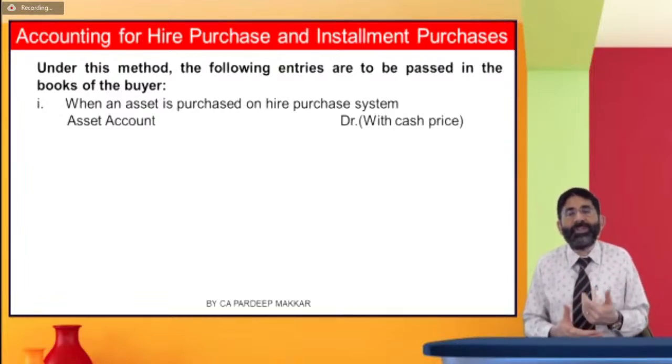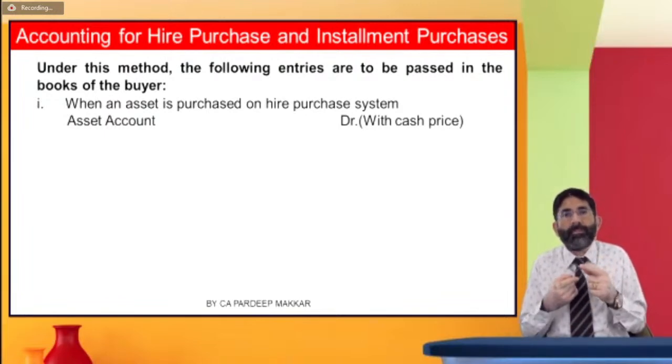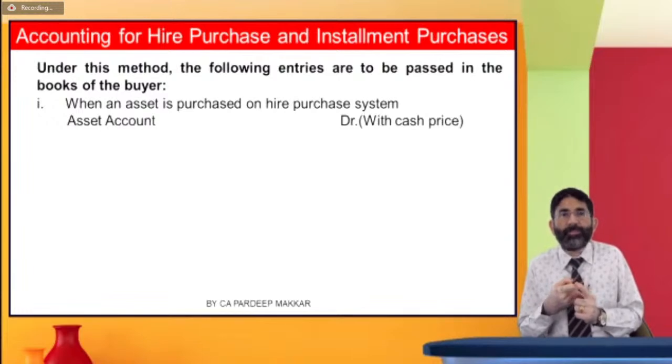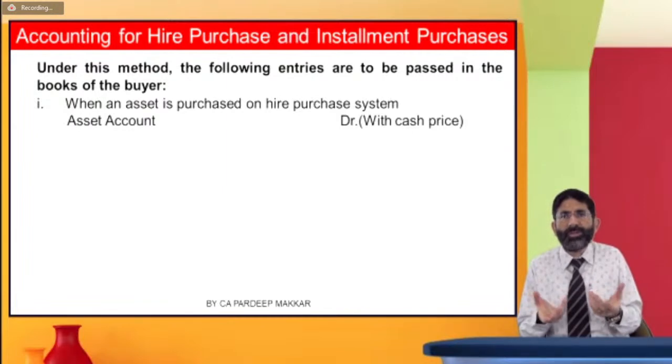Normally, hire purchase is made for big assets. Like if I am a taxi operator, then I will purchase taxis on hire purchase. If I am a normal person, I am purchasing a car on hire purchase. I am purchasing a pickup van, or some machinery on hire purchase. All that will be my asset, not my goods.